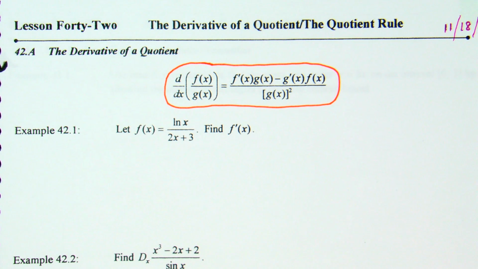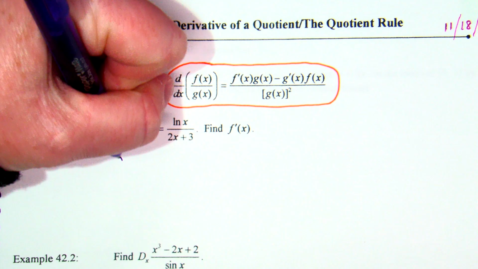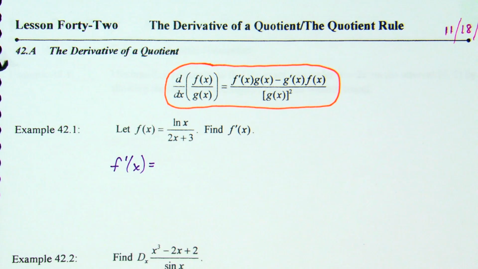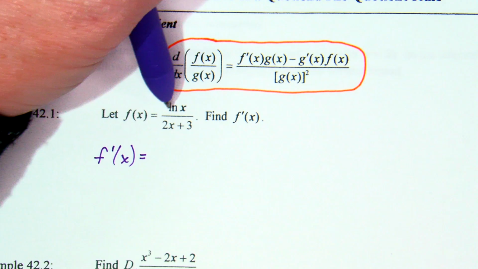F of x equals natural log of x over 2x plus 3. Find f prime of x. Here's my start. F prime of x. Derivative of the numerator.